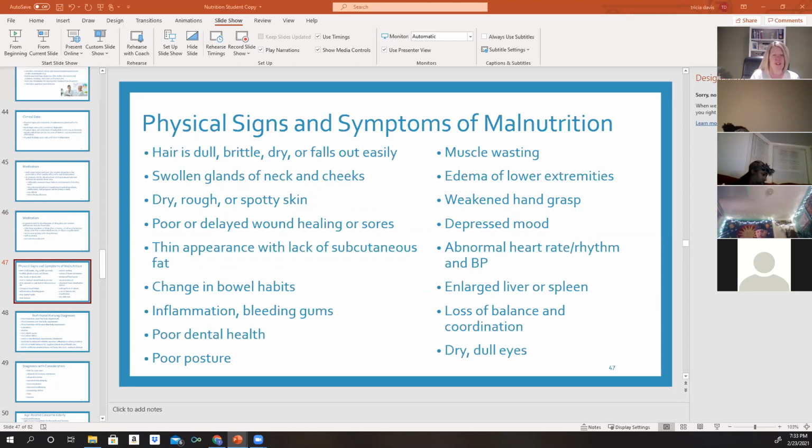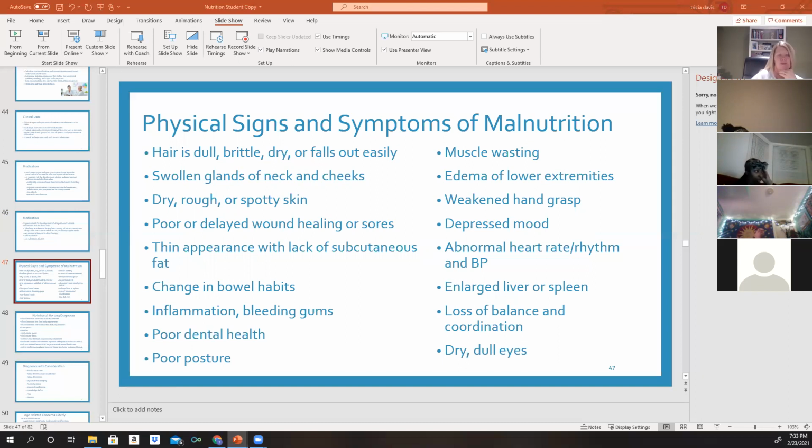more of a disadvantage. They may appear thin with lack of subcutaneous fat, or they can just be the complete opposite. This is malnutrition. They might have a change in bowel habits, inflammation, bleeding gums, poor denture health, poor posture, muscle wasting, sometimes edema in those lower extremities, weakened hand grasp just because they're weak all over.